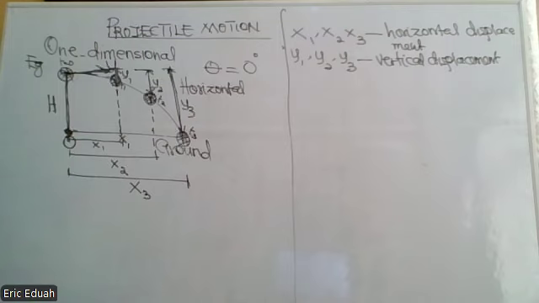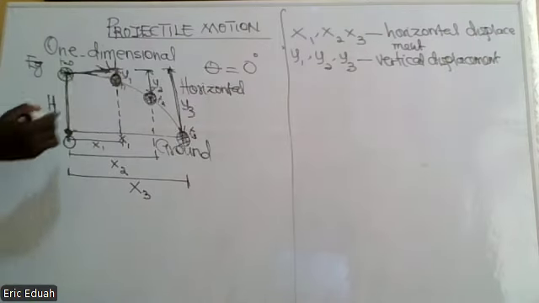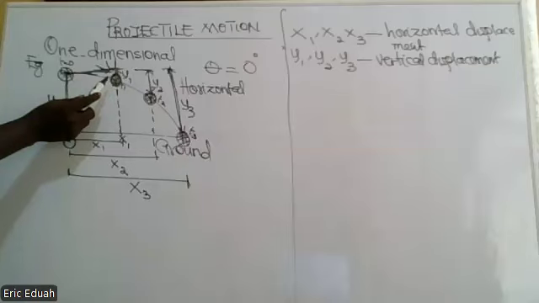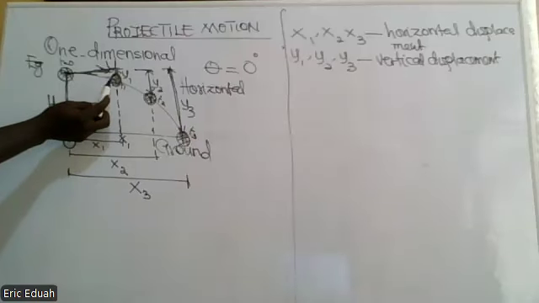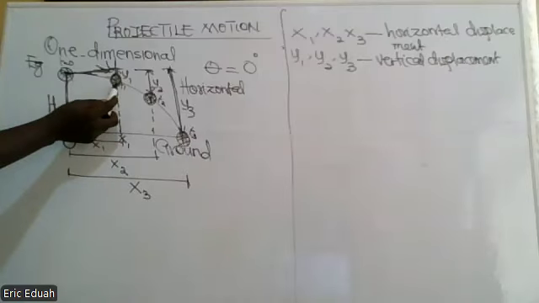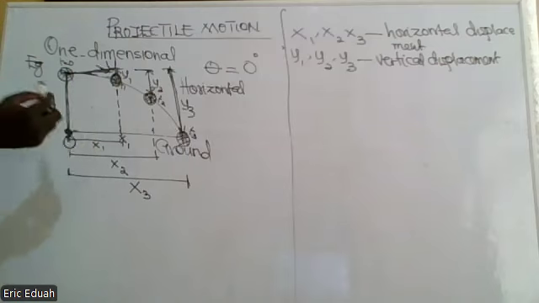What do I mean? When a particle is here, let the time taken for the particle to be here be t1. So it would take the time t1 to make this vertical displacement y1, and it would take the same time to make the horizontal displacement x1.